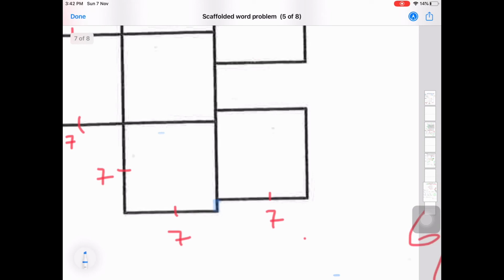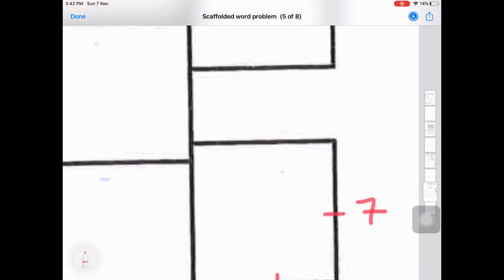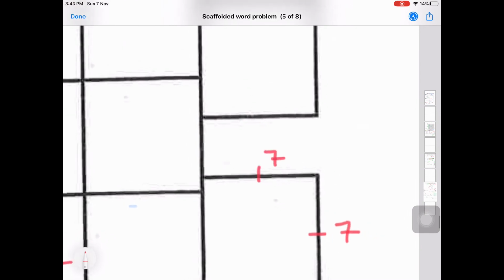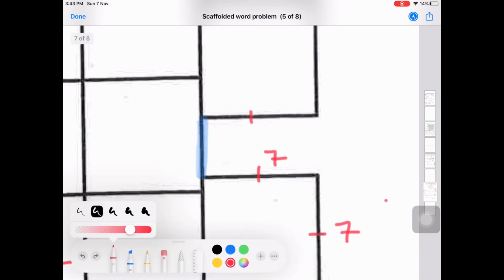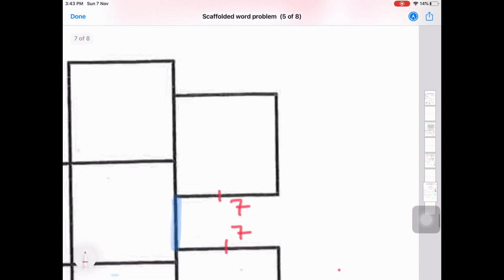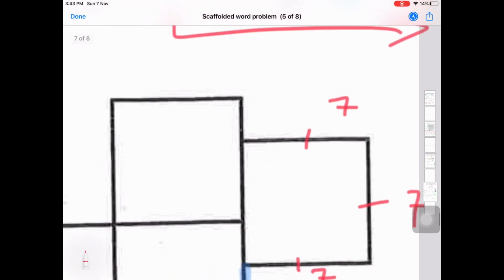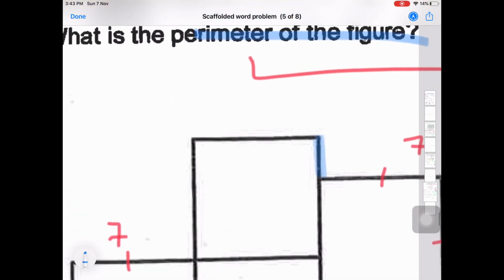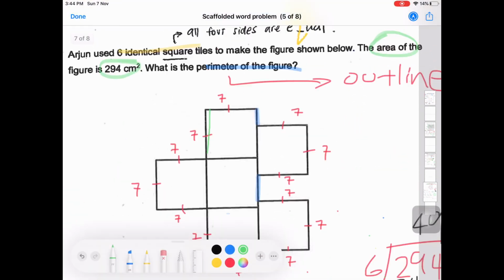And do you realize this small little length that we are not able to find? Let's just hold on to that thought first and just continue finding all the 7s that we could, which is the sides. 7. I'm going to just highlight the ones that I'm not able to find yet. And I know that this is also 7. This is also 7. Another one that is not 7. 7 and 7.